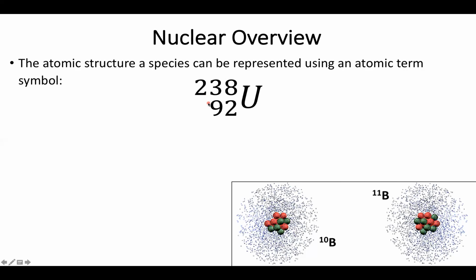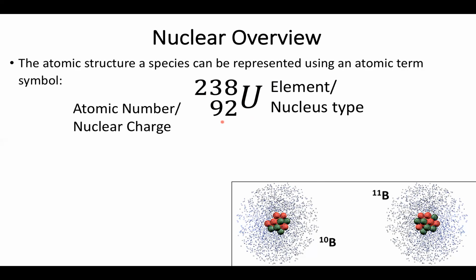But we can really define our atomic term symbols with three key features. First is our element or nucleus type. This will be represented by our classic elemental symbols. So U is for uranium. Then we need to include the atomic number. This is also the same thing as the nuclear charge or the number of protons.